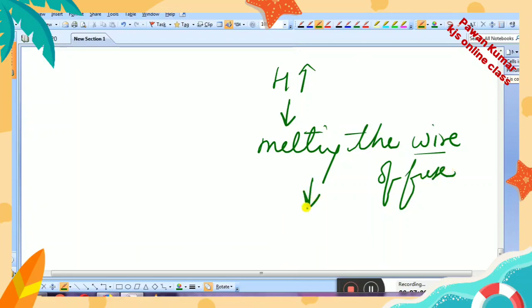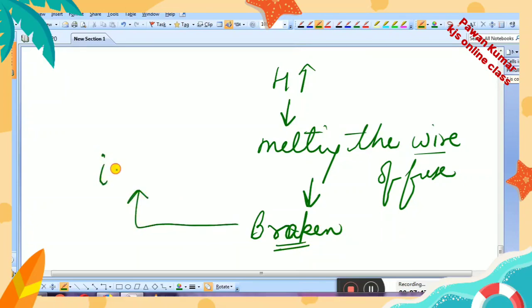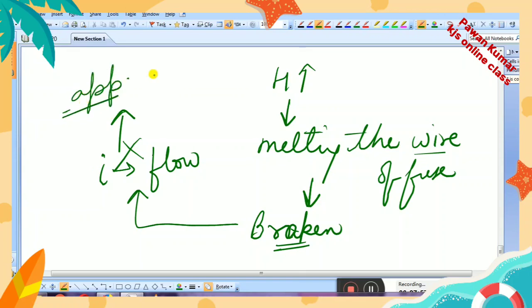Now if the wire of the fuse starts melting, then the circuit path will be broken, and in the broken circuit, current will not flow. If current will not flow, then our appliances will remain safe.